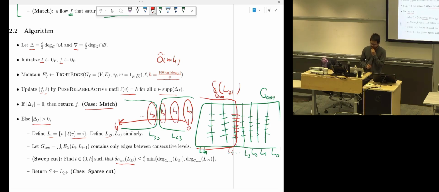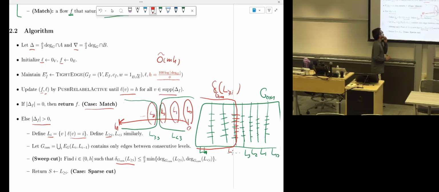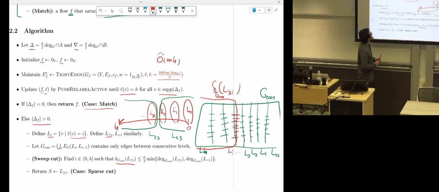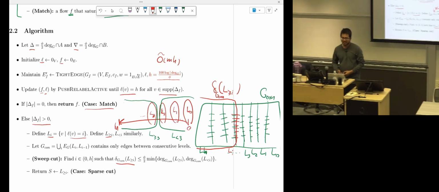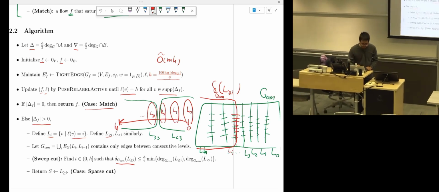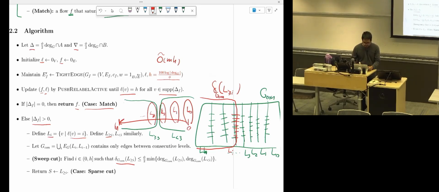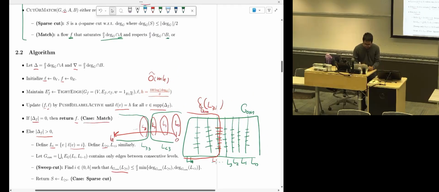So first, can you tell me why this looks like a correct answer in this case? This is the case when we claim that there is no excess.